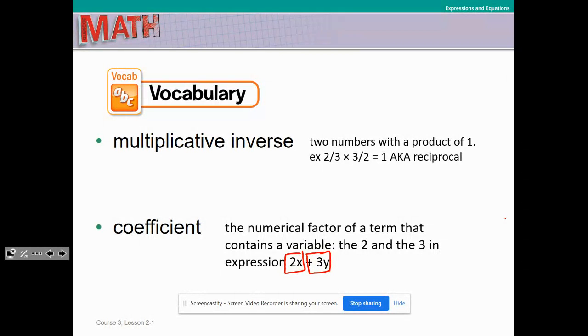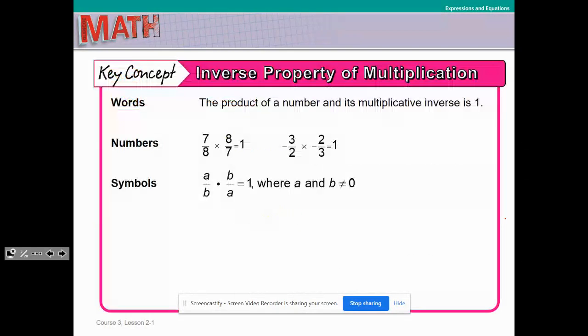And then you have the number, that's what numerical stands for, the number that is next to the variable, the number that multiplies by the variable. So the 2 and the 3 are your coefficients or numerical factors.